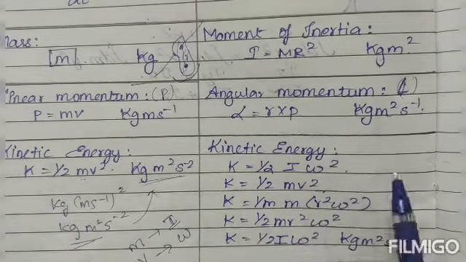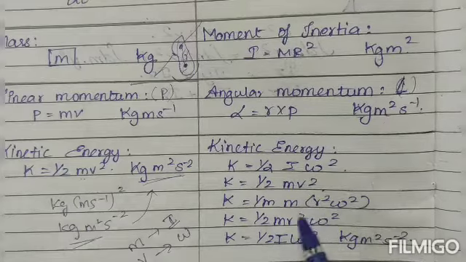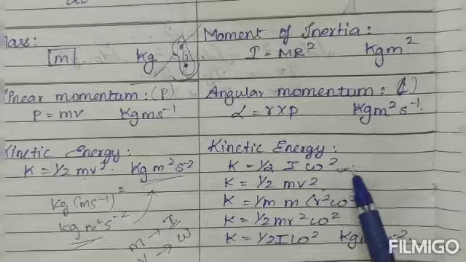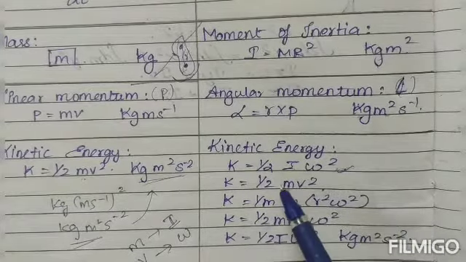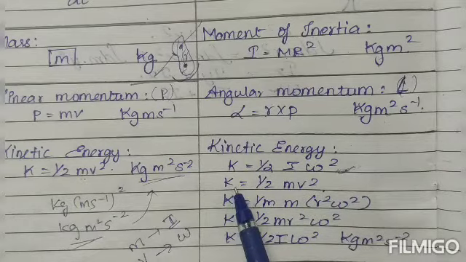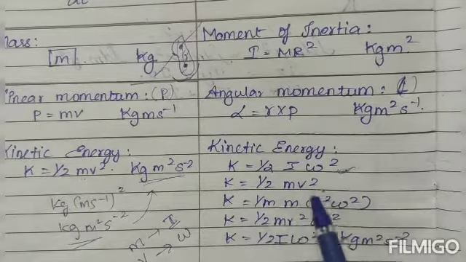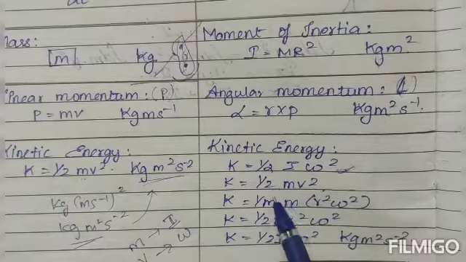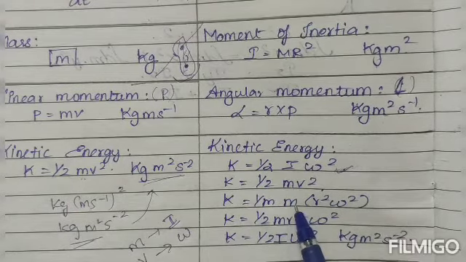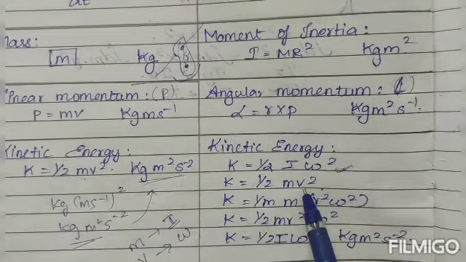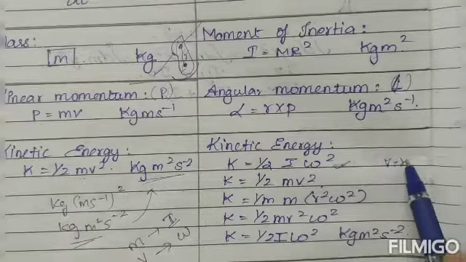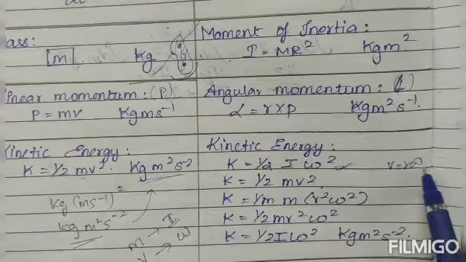Is there any other form? Let's check one more time. How do we know K is equal to half I omega squared? In K equal to half mv squared from linear motion, the relationship between angular velocity and linear velocity is v equal to r omega.